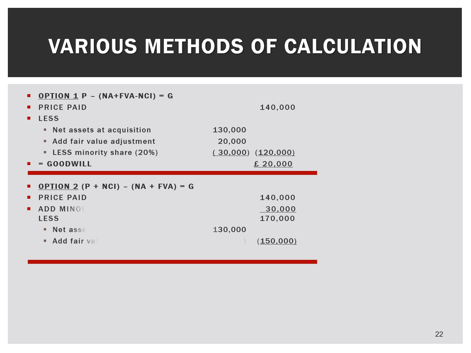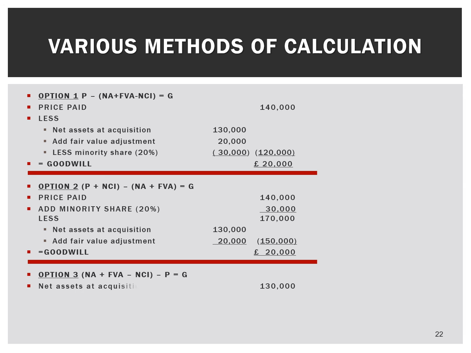So price paid 140, add on the minority share this time of 30 to give us a total of 170,000. Deduct the market value of the assets in the balance sheet at the date of acquisition, which is 150,000, gives us the 20,000 goodwill.